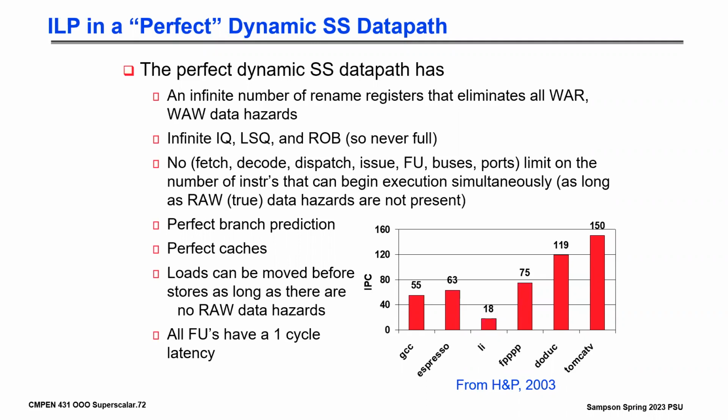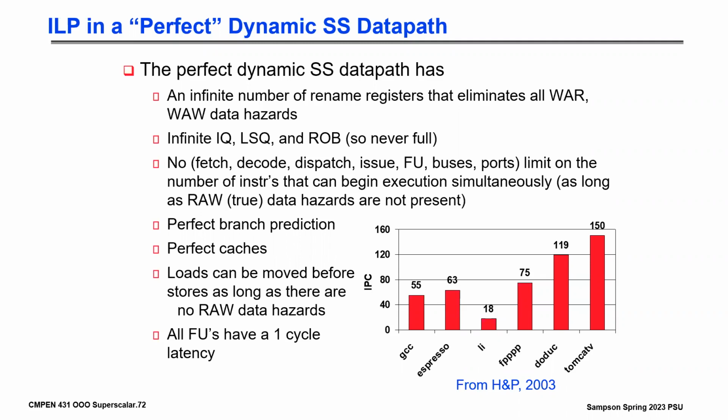But these numbers here are for a perfect dynamic superscalar data path that has an infinite number of rename registers, right? An infinite sized IQ, LSQ, and ROB. No limit on the number of instructions to begin execution simultaneously. Right, so effectively an infinite number of functional units.